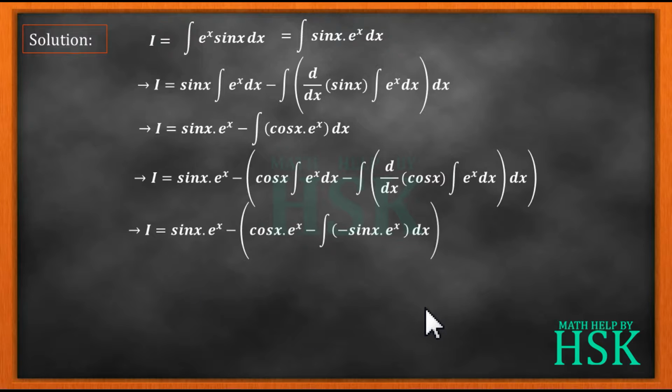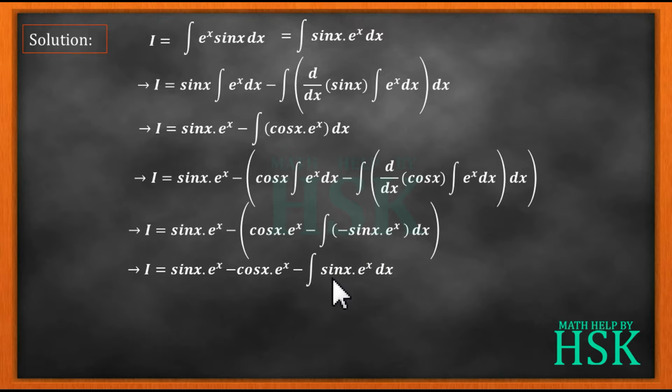So I obtain cos x into e to the power of x minus integration of minus sin x into e to the power of x dx. This minus minus is going to become plus, and on opening the bracket, I get sin x into e to the power of x minus cos x into e to the power of x minus integration of sin x into e to the power of x dx.